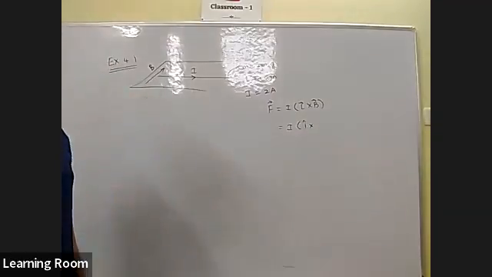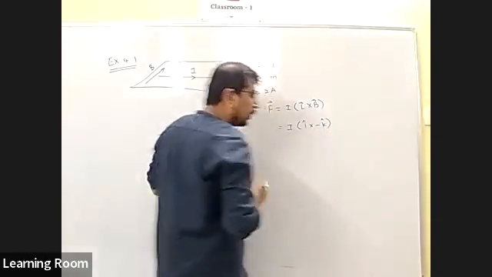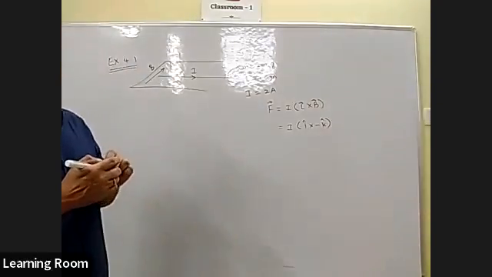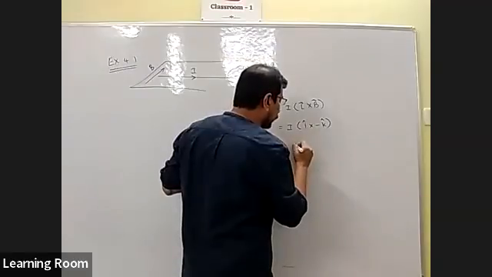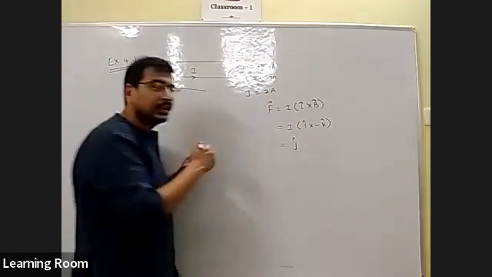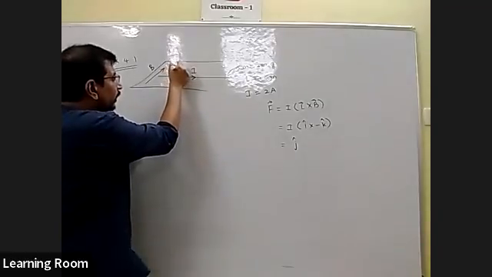What is the direction of B vector? Minus K cap. So what is I cross K? I cross K is minus J. So minus of minus J will give you plus J cap. So this conductor experiences a magnetic force in the upward direction.